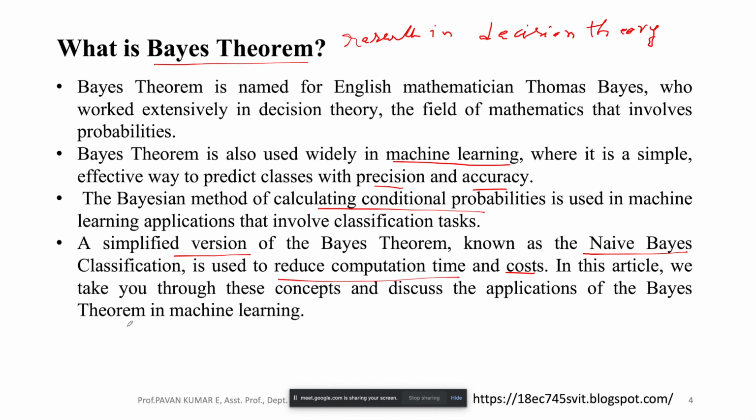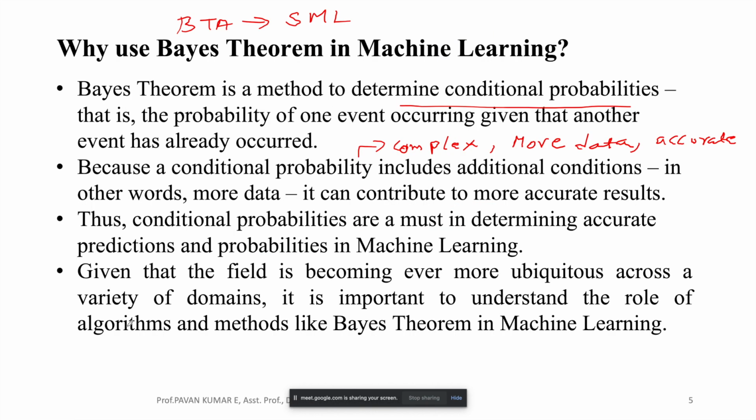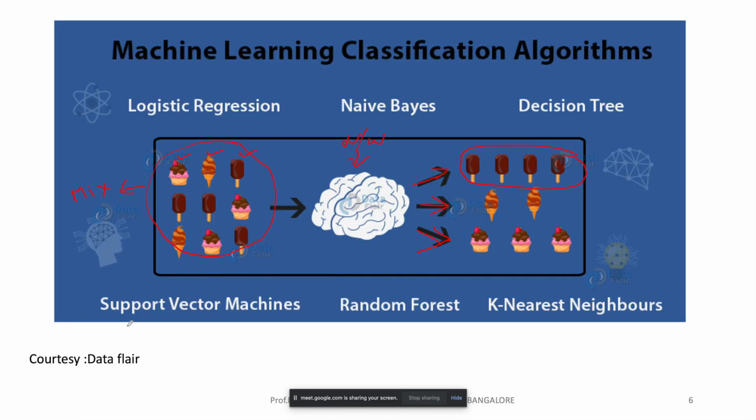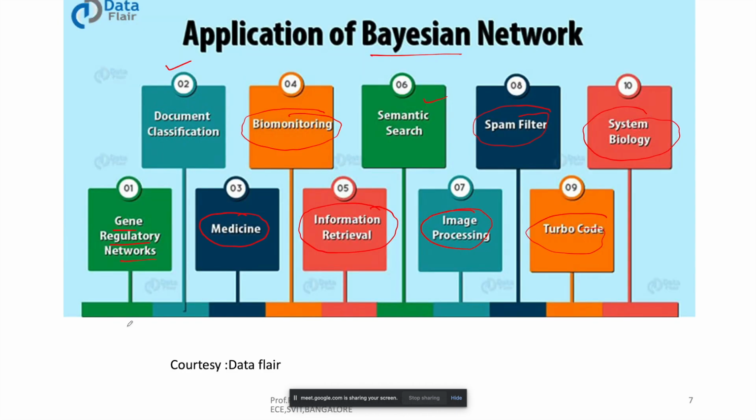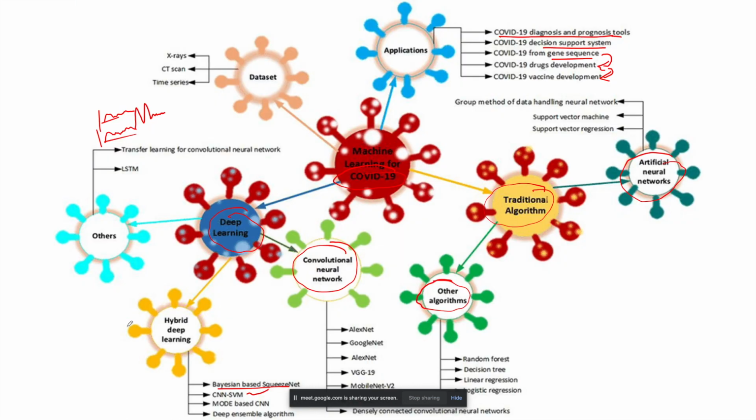What is BT, and why we are using it in machine learning, and we took examples of it. We also took the present scenario of what is happening in the world: why, where and how exactly people are using this algorithm to classify genes, and the DNA structure of the corona or COVID virus.